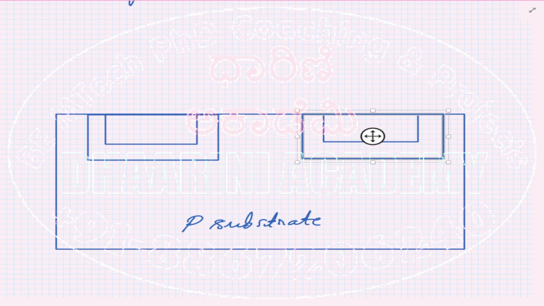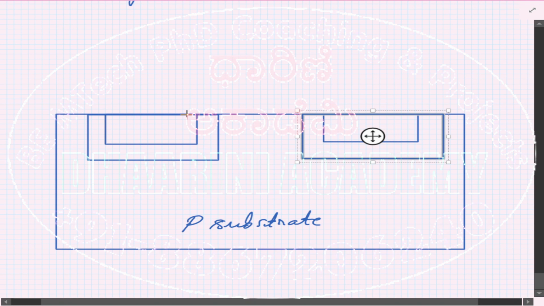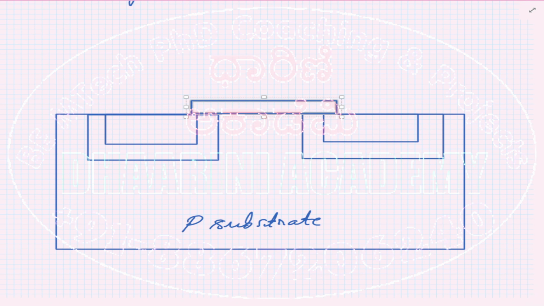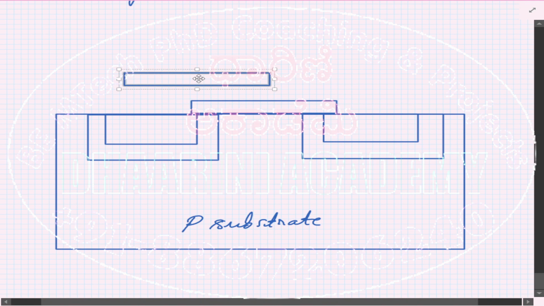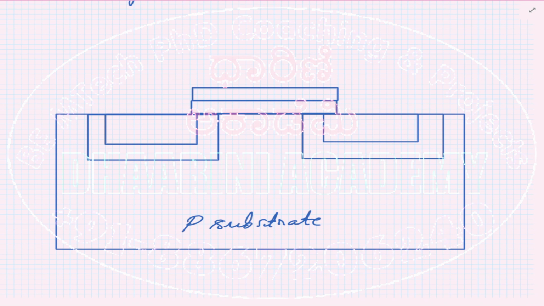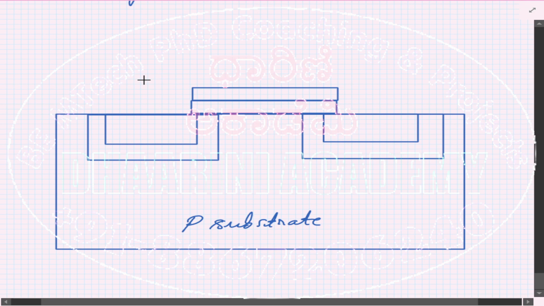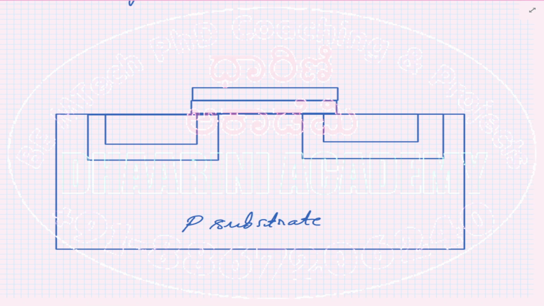But before that, let's finish some of this. So here you have, this is the gate. This is the oxide layer. Above that I have the polysilicon, like this. And above this, I'm going to make the connection for the gate. So I have the connections formed in this way.